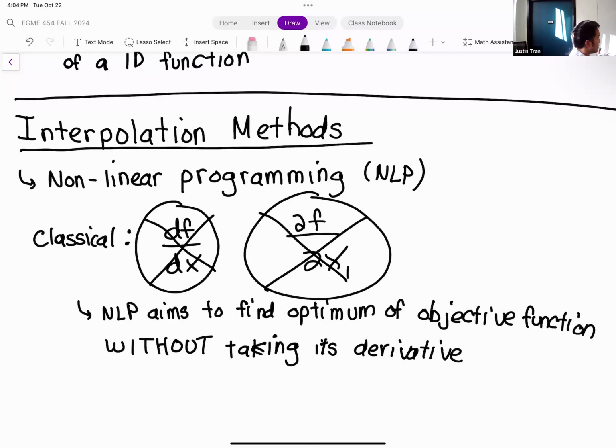In that sense, it's opposite from the classical methods.